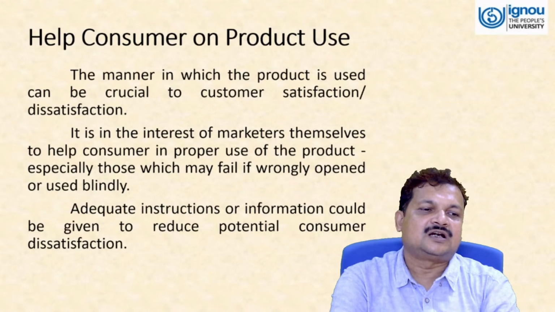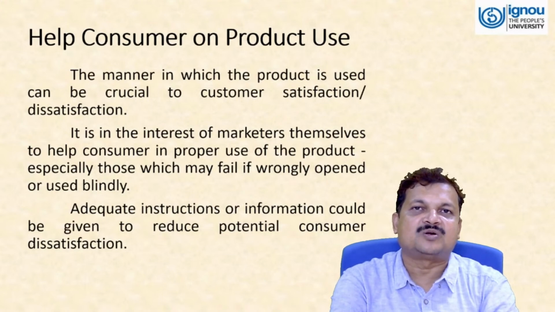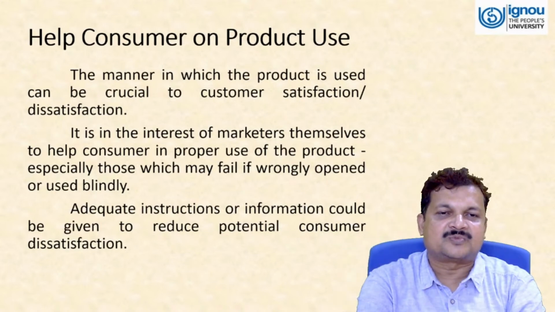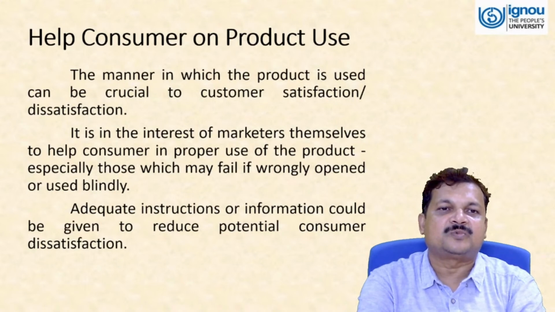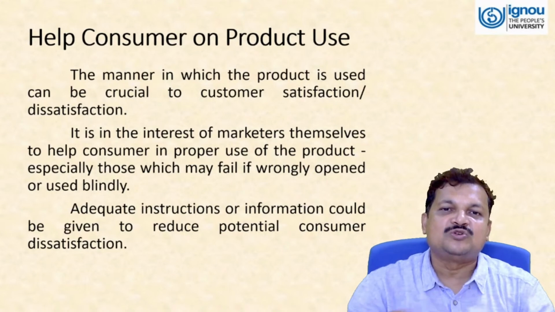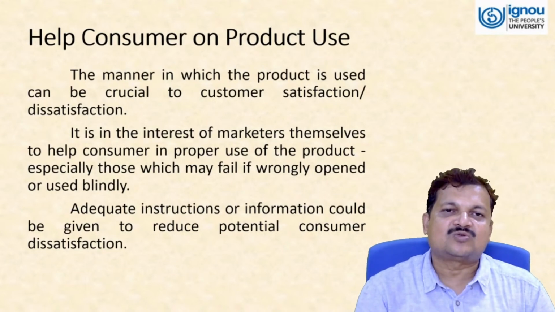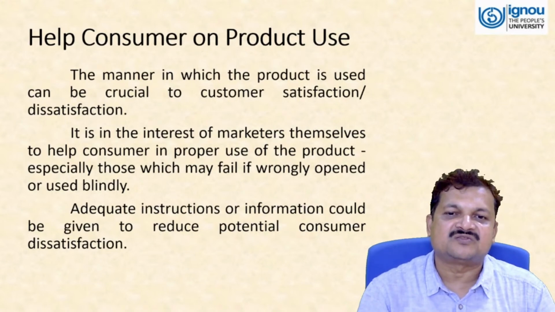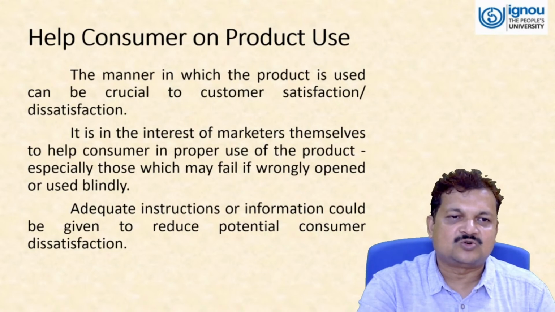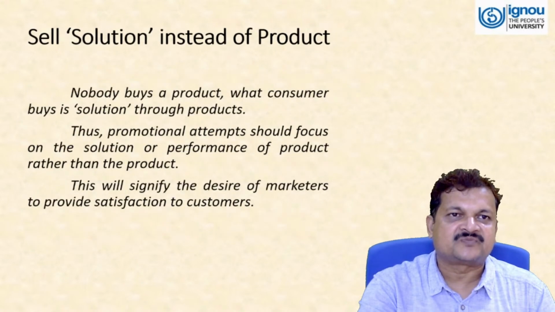Like when it is a high-engineering or durable product, such as a washing machine, a chimney, a refrigerator, or a microwave oven, there is a need for a person to go to the customer's place, explain how to use this particular product, and also explain what problems may occur. Otherwise the product may be wrongly opened or used blindly, and you are unable to know how to use it. Adequate instructions must be given so that customers are able to use it and no dissatisfaction will be there.